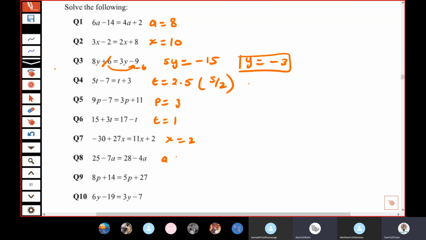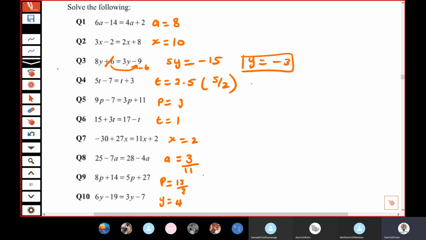A equals 3 over 11. Yep. P equals 13 on 3. And Y equals 4. All right.